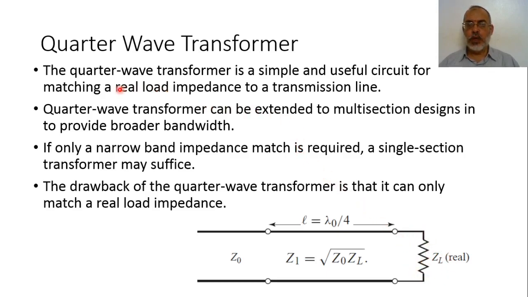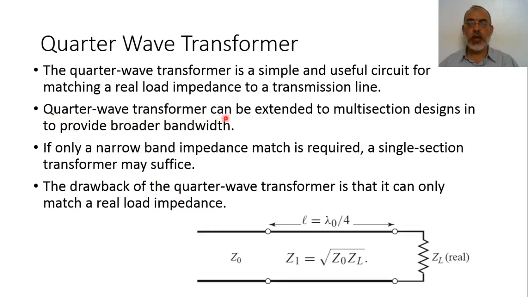So, for matching real load impedance to a transmission line, we already studied using one section of length lambda by 4 with a characteristic impedance which has the geometric average between the load and the characteristic impedance of the transmission line. But this theory can be extended to multi-section lambda by 4 transmission line sections. That's what we are seeing.